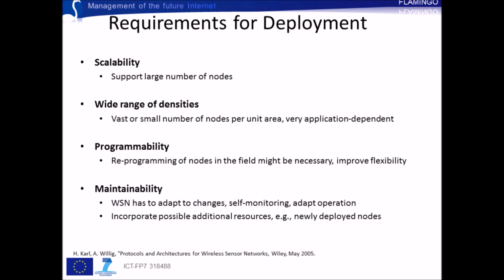Furthermore, maintainability is required. This means wireless sensor networks have to adapt to changes, with self-monitoring, or operations if they change. This requires an incorporated possibility for additional resources that can be adapted or deployed by new nodes.